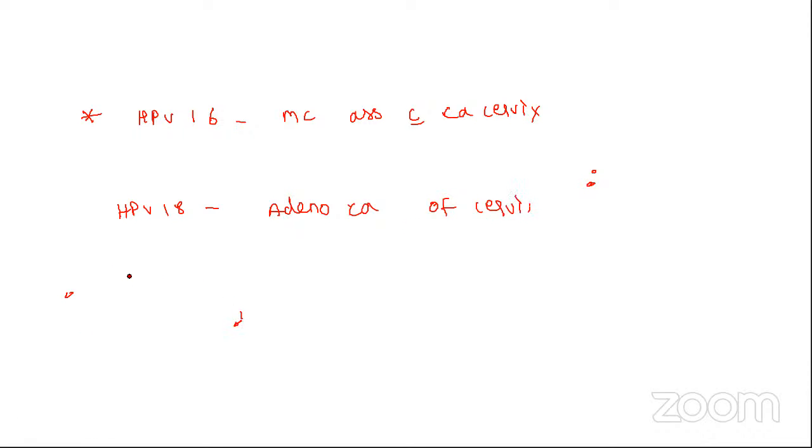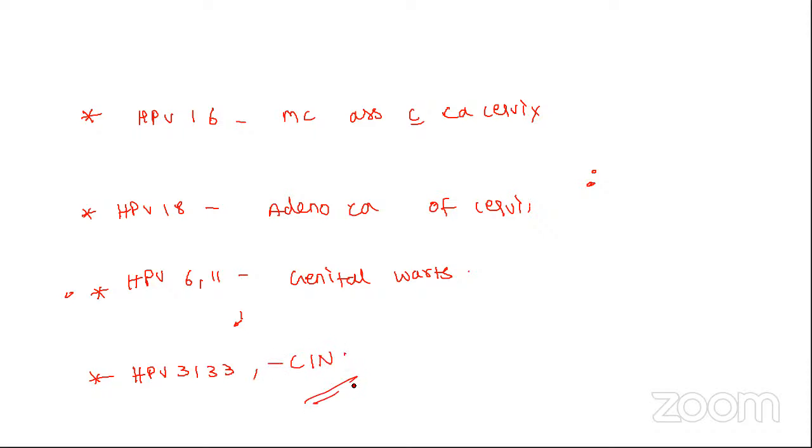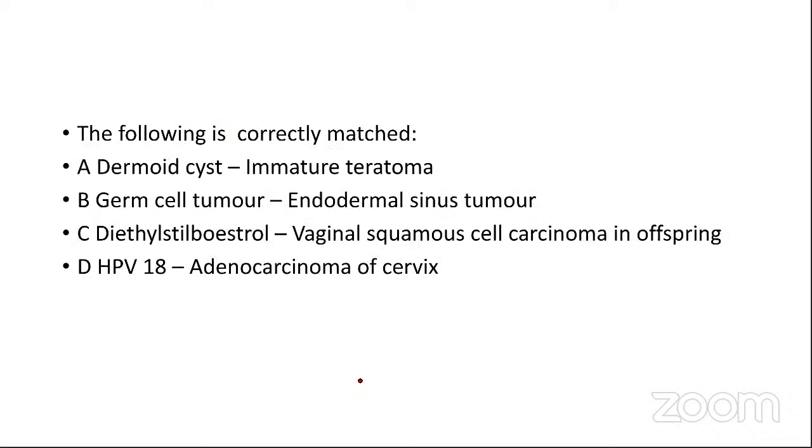HPV 6 and 11 cause genital warts. HPV 31 and 33 are associated with CIN. HPV 18 is very specific to adenocarcinoma of the cervix. That's why here the statement HPV 18 and adenocarcinoma of the cervix was appropriate, right?